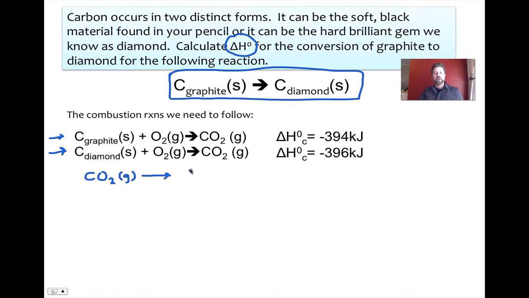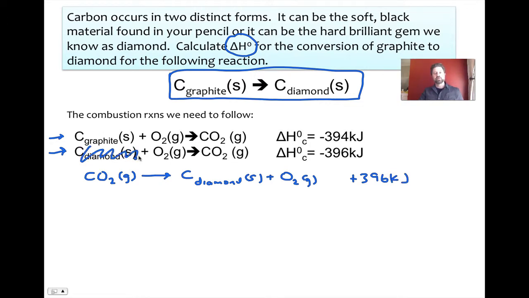Then the arrow, I'm going to have C, carbon in the form of diamond, as my first product. And that's obviously a solid. And I'm going to have O2 as my second product, which is a gas. Now, when I flip an equation around, that also means I have to flip around the delta H. So negative 396 kilojoules becomes positive 396 kilojoules.